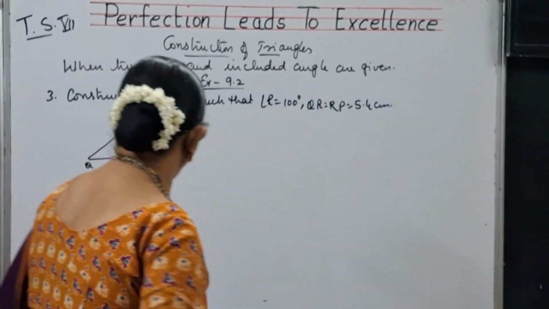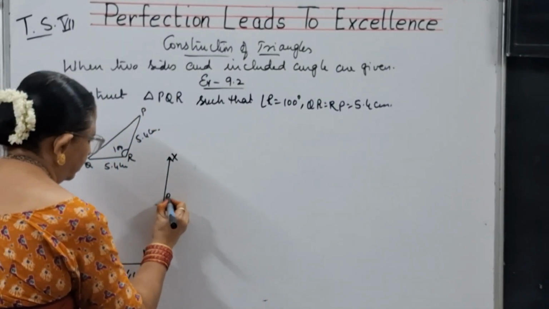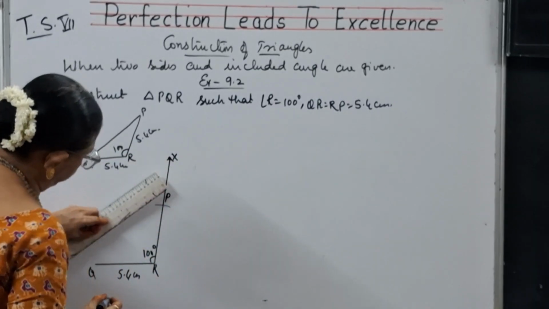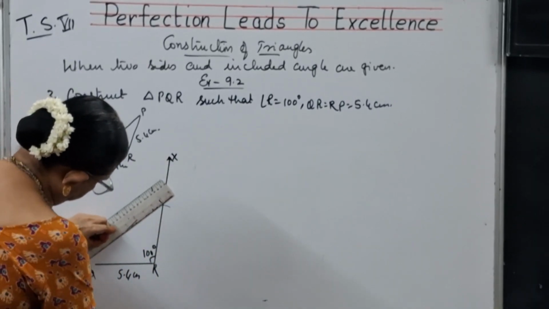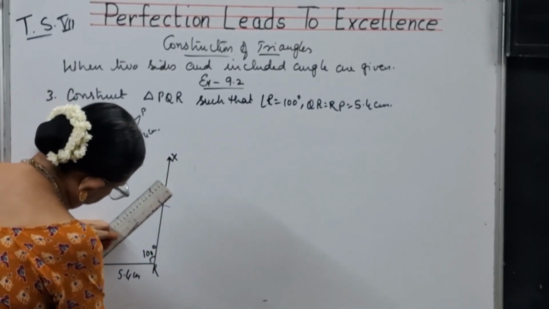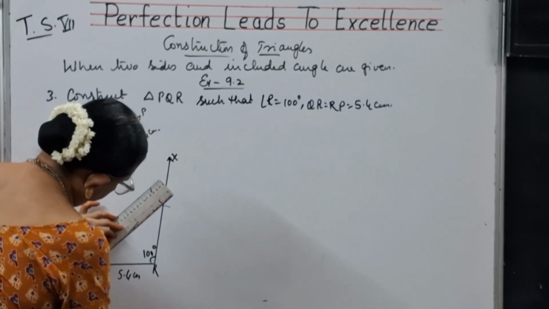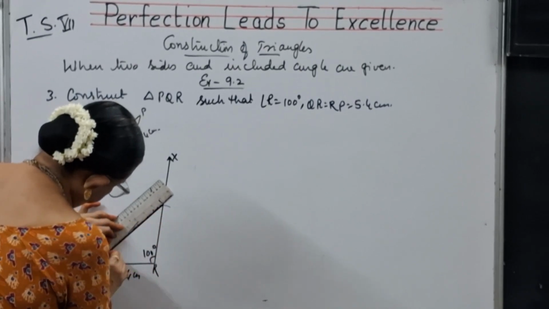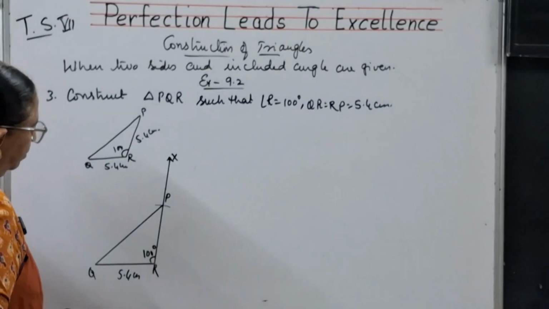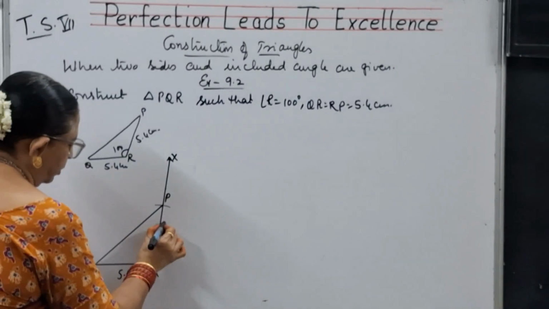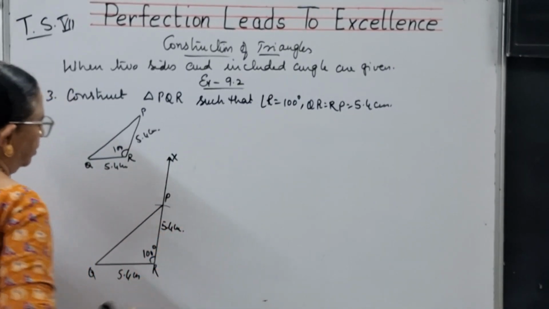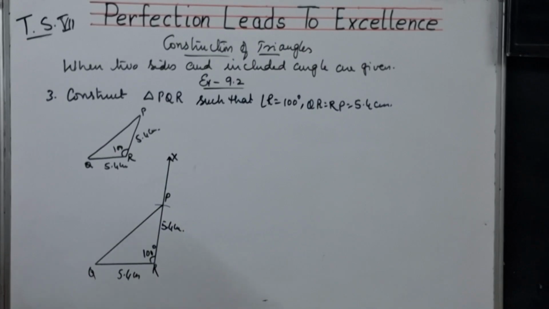This is P and join P and Q. So when you join P and Q, this is the triangle. This is also 5.4 centimeters. This is the construction of the triangle, children.